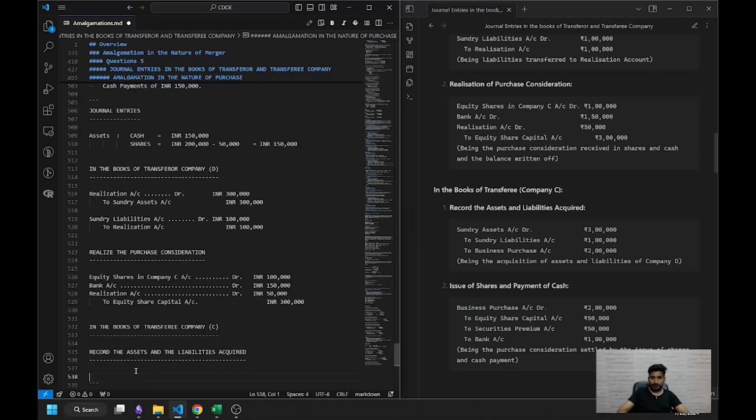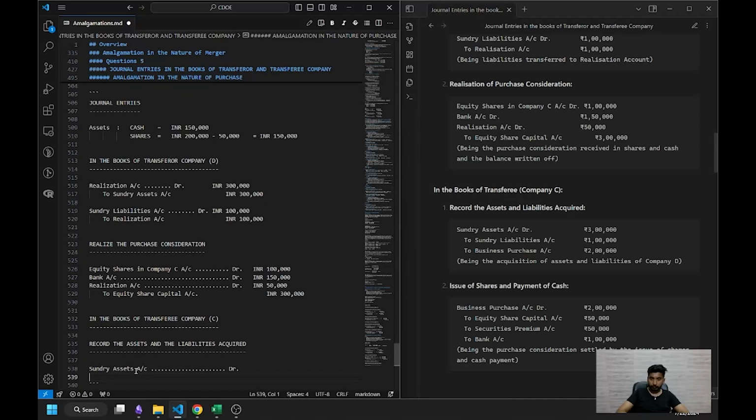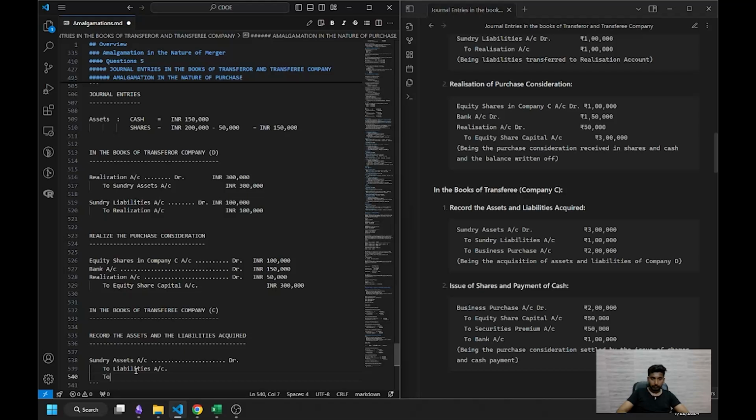When we talk about the assets and the liabilities acquired, it will be like this. That is, the sundry assets account will be debited to liabilities account to business purchase account.